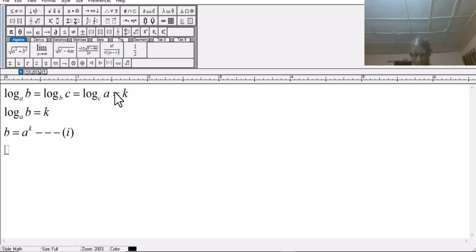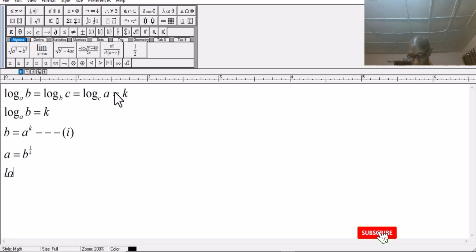Therefore we can say that a is equal to b to the power of 1 over k.